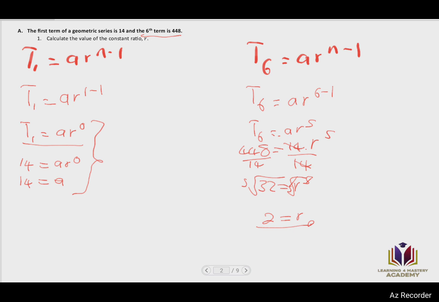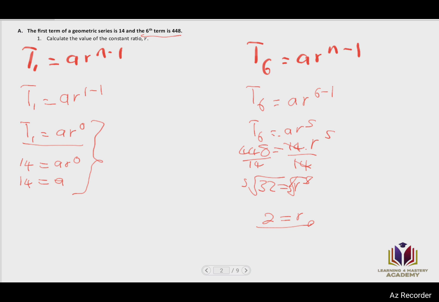Now, this is very easy. Sometimes they might not give you the first term, they can give you the second term. Always remember, when the question is phrased this way, whereby they give you a position and its value, or maybe two terms, you always use simultaneous equations.